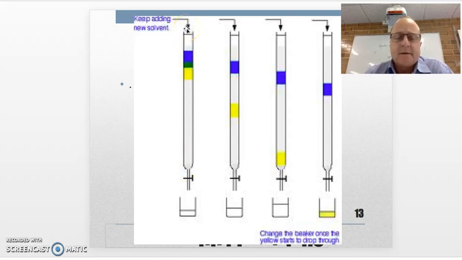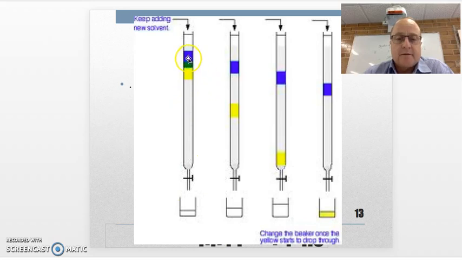So again, if we assume that the stationary phase here is polar, polar substances will adsorb and be attracted to the stationary phase in here, and will take longer to come out the bottom than non-polar molecules.